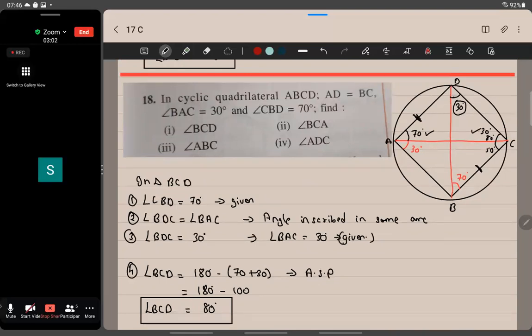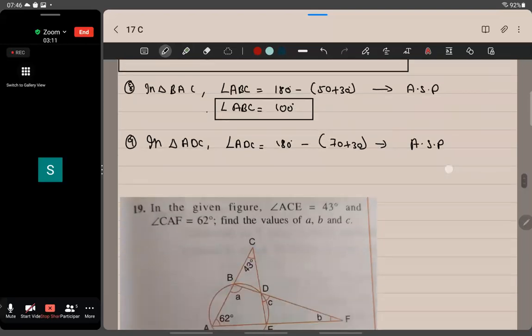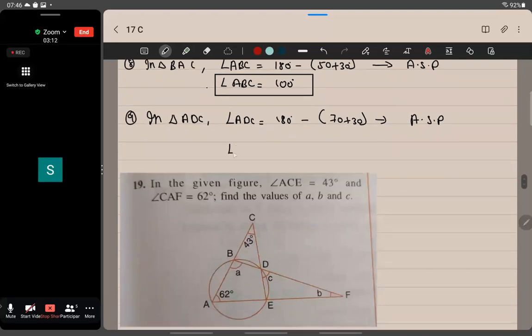So I will get angle ADC, 70 plus 30, reason ASP, angle sum property. So angle ADC will be equal to 80 degree. Okay, that's it.